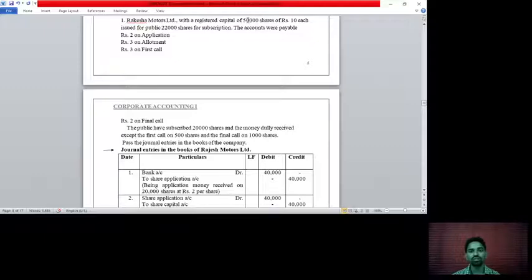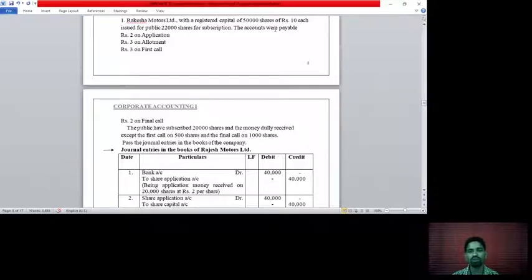These 50,000 shares were authorized in the registrar's office, in the register book. Out of these 50,000 shares, Rakesha Motors issued 22,000 shares for public subscription, and each share price is rupees 10.